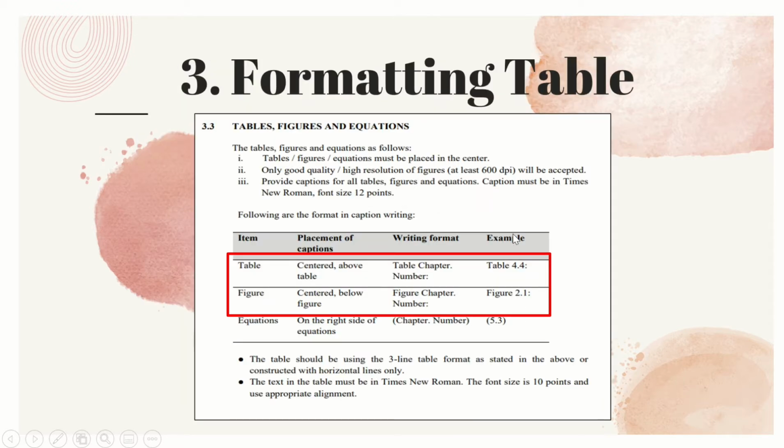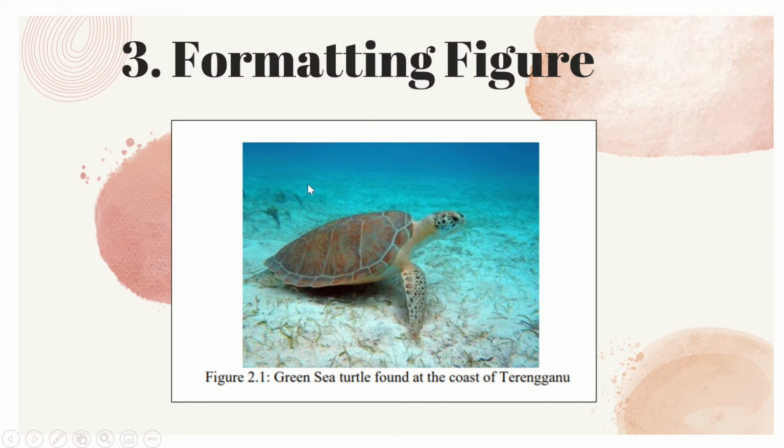And then the third one is formatting table. So in the PPTA guideline, it's stated here that the table and figures have certain formatting standard. So you need to follow this guideline. Okay, this is an example of how you should format your figure. The figure should be centered, and then the caption should be below the figure.